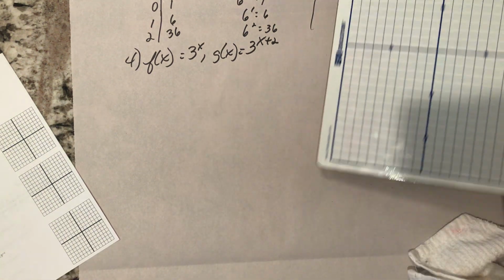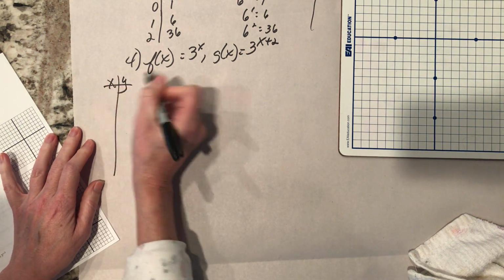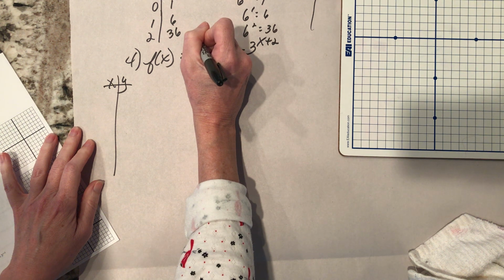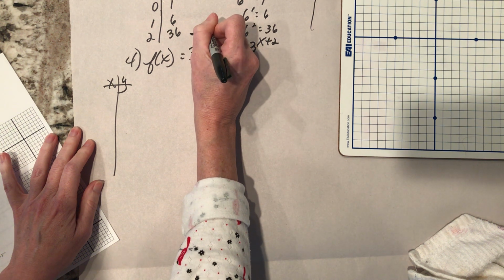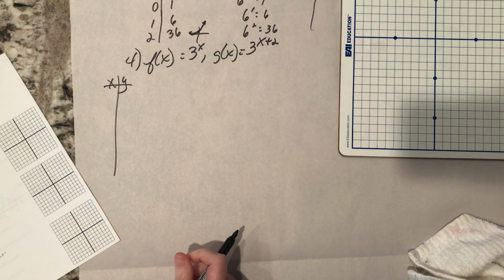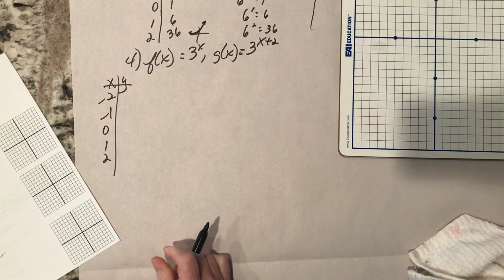Okay, let's go ahead and go through the 3 to the x. If you're comfortable now that it's going to look like that kind of idea going through 0, 1, I'm glad that you're there. If you're not, again, -2, -1, 0, 1, and 2.